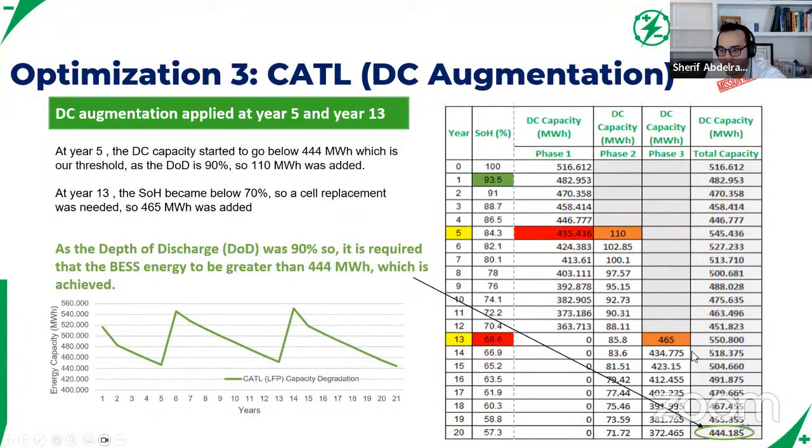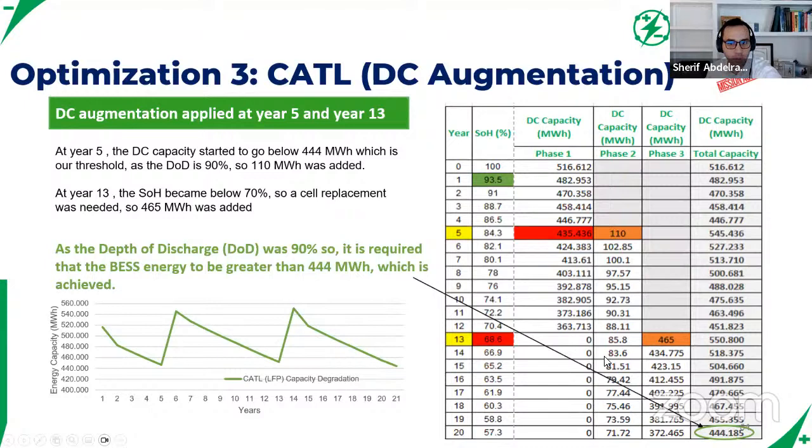That's why you see a significant battery capacity being added here in phase 3. So that's the overview of the execution strategy.